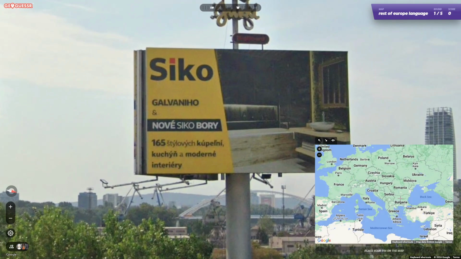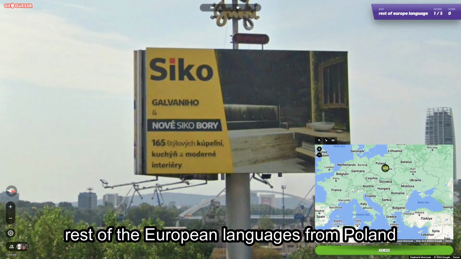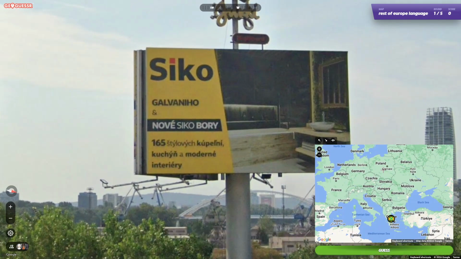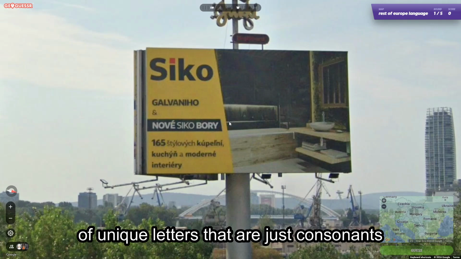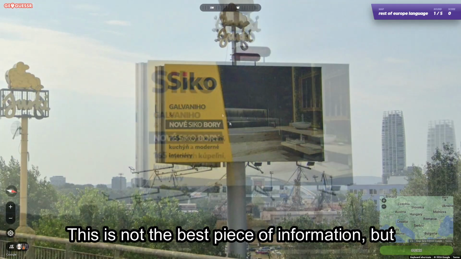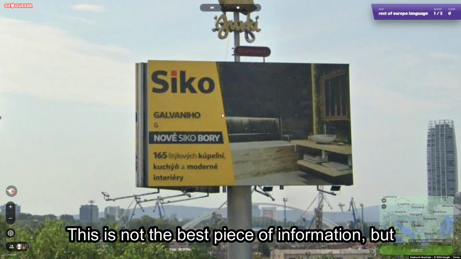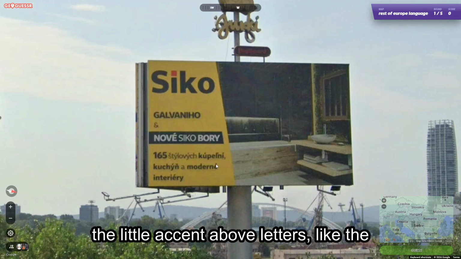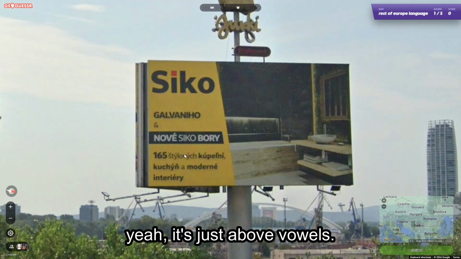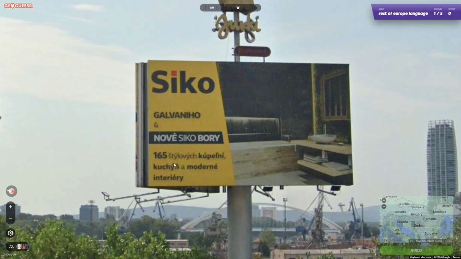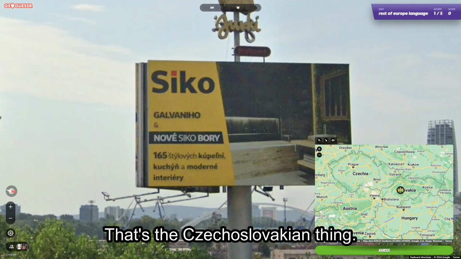So, the rest of the European languages, from Poland down to Greece, have a lot of unique letters that are just consonants, and a ton of them. This is not the best piece of information, but the little accent above letters, like the vowels, if they're usually acute angles above the vowels, that's the Czechoslovakian thing.